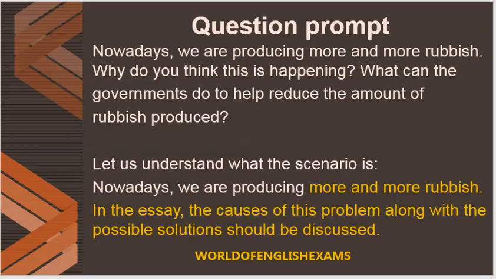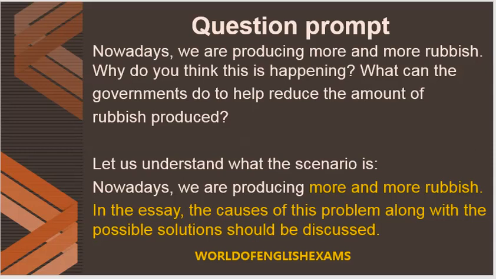Now, this is how a question for problems and solutions looks like. Let me read the question. Nowadays, we are producing more and more rubbish. So the question is about the increase in the amount of garbage. So that is the primary problem. And why do you think this is happening?